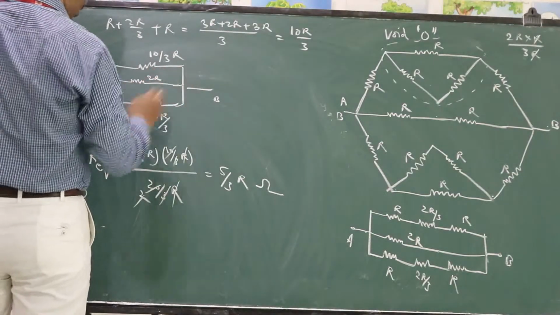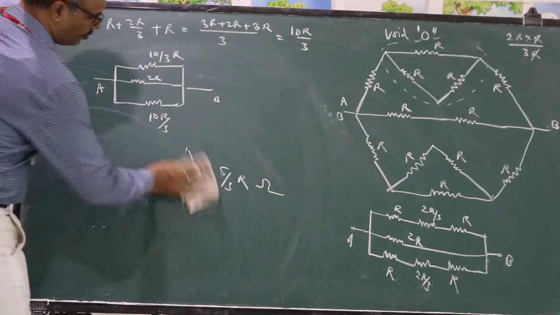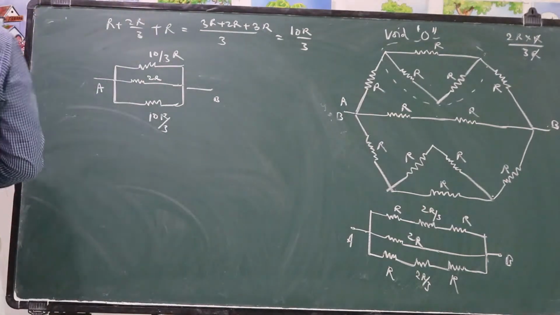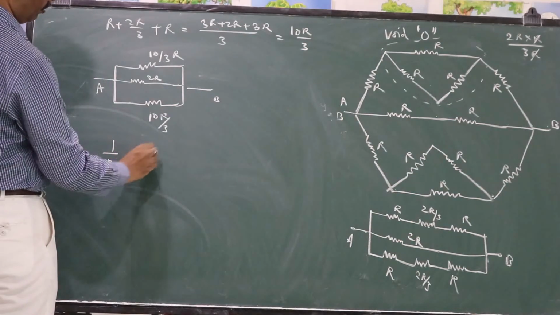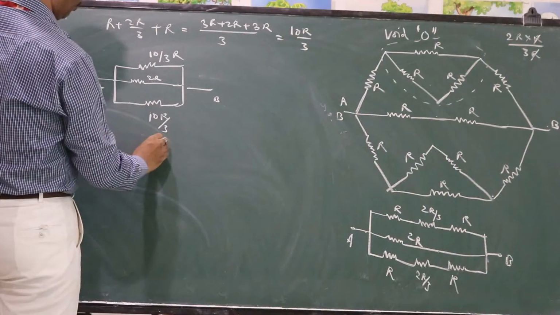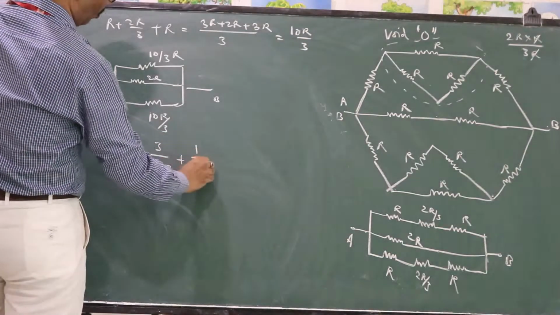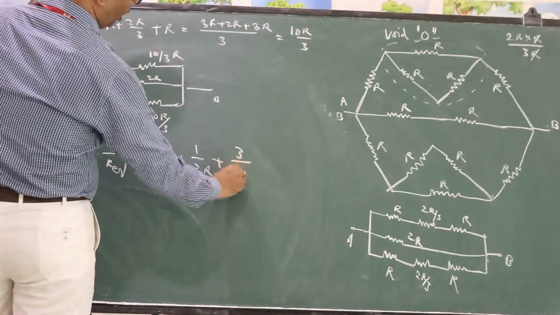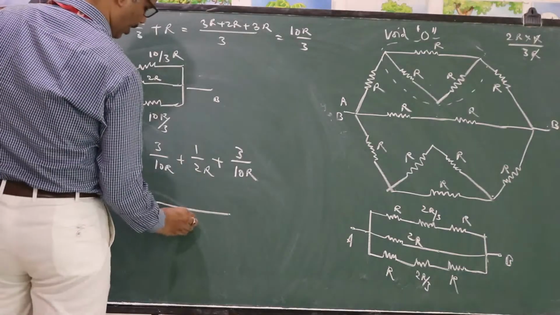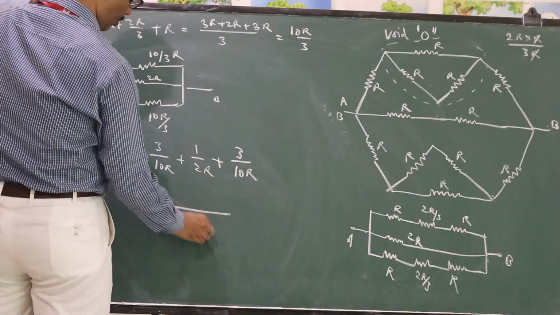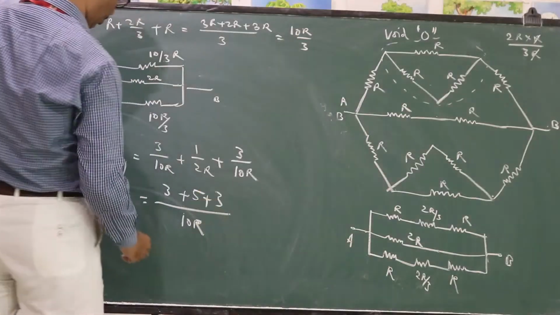Once again, let me do it, the last step. 1 by R equivalent is equal to 3 by 10R, 1 by 2R, so 3 by 10R. So LCM will be 10R, 3 plus 5 plus 3.